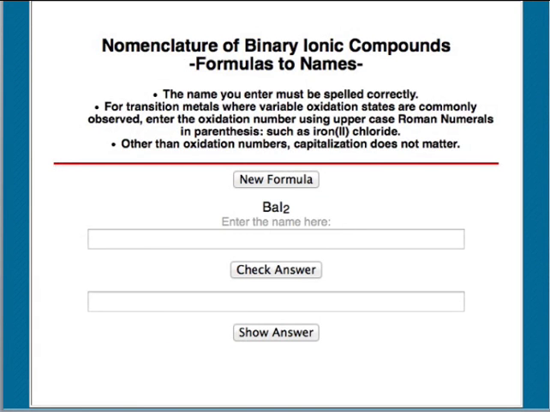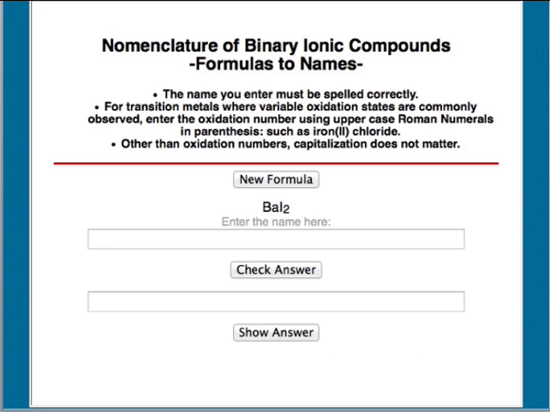And so, of course, there's a tutorial. The tutorial here is nomenclature of binary ionic compounds. That simply means there are only 2 things. Here's our formula. Ba, what's Ba? Barium.